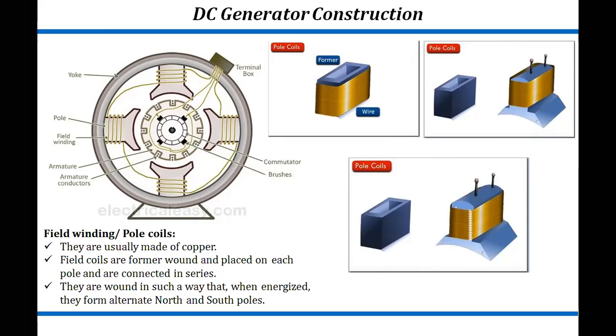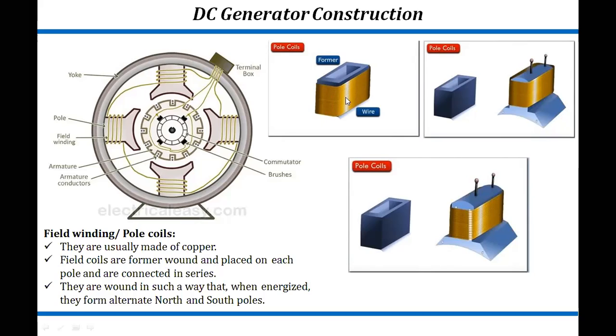They are wound in such a way that when they are energized, they form alternate two poles. These poles are nothing but north and south. I have shown you how we are using this pole coil.